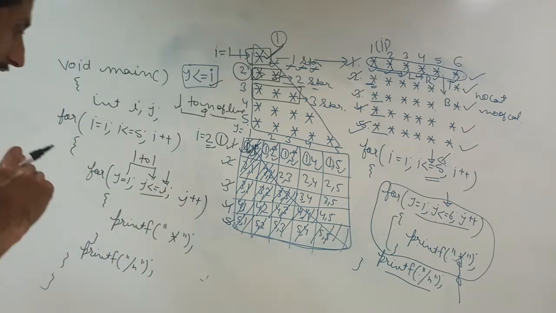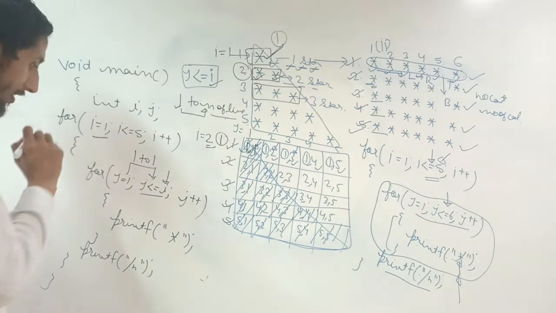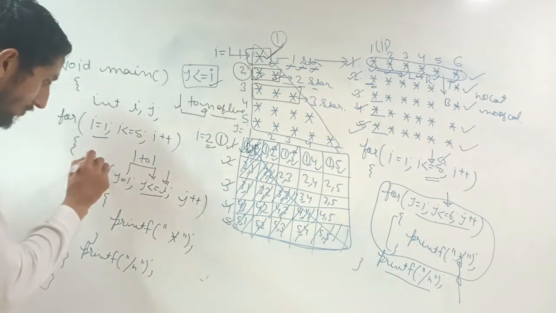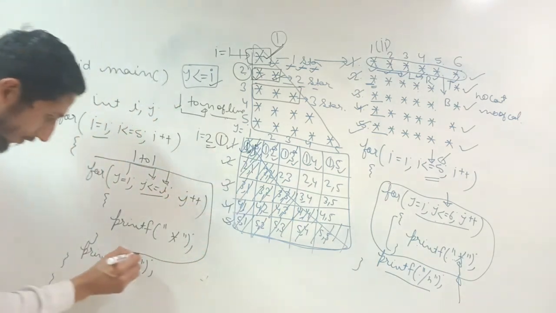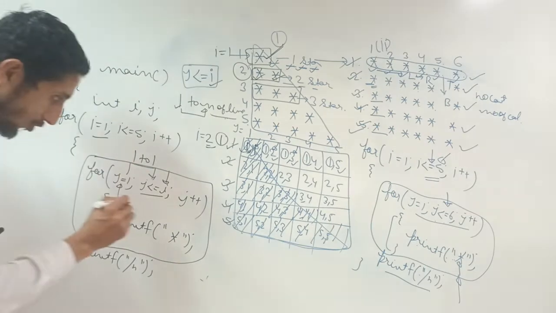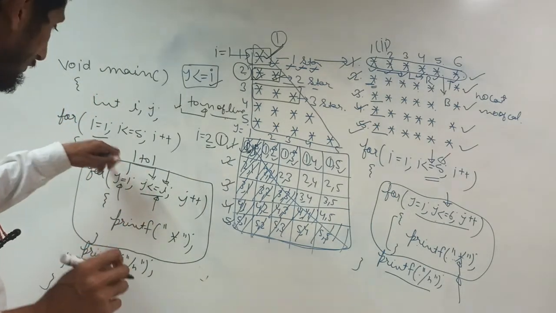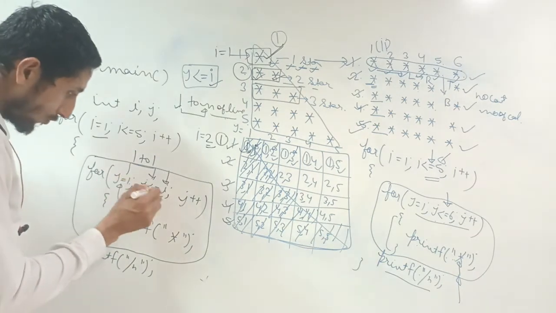Let me explain again. The value of i is 1 initially. So this loop says that j will always start from 1 and go till i. The value of i is 1, so it will go from 1 to 1.